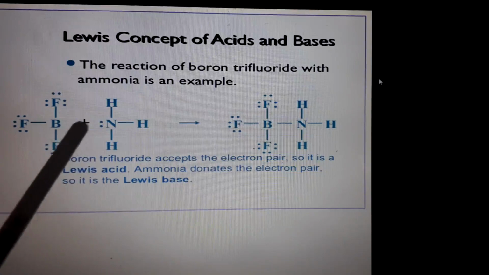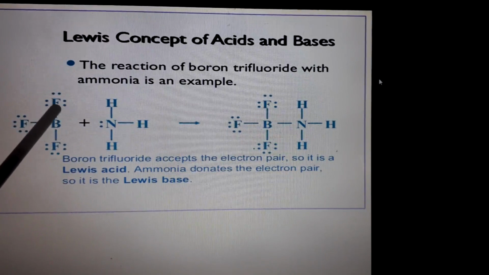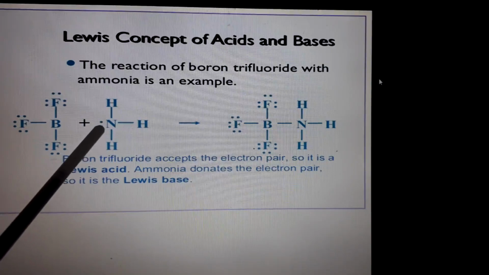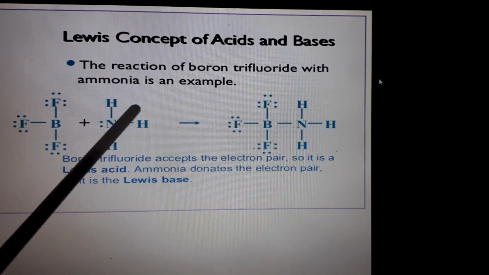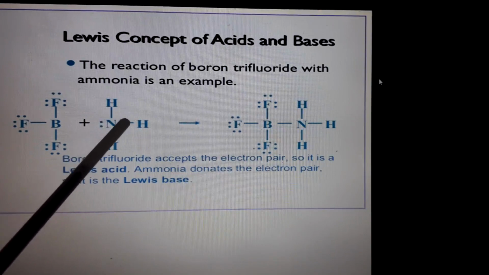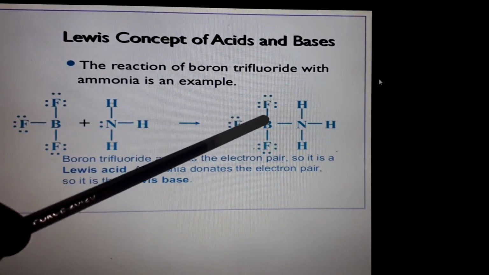Okay, this example: in boron trifluoride, the boron has three fluorine atoms. Fluorine atoms have 3 pairs of electrons. Ammonia has 3 hydrogen atoms and 1 lone pair of electrons. They react with each other and give a product.